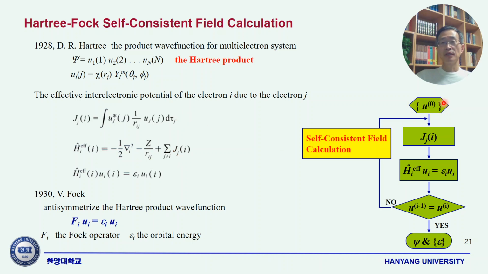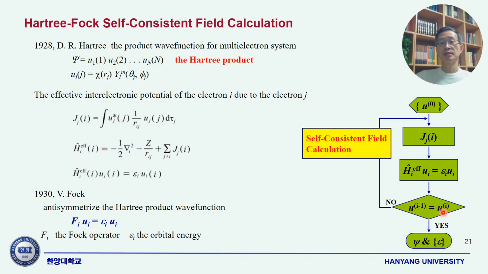You start with your guess, some kind of trial set of orbitals, and then you obtain the J terms, assemble the effective Hamiltonian, and solve this single-electron problem. Then you accumulate that result and compare it with the previous step.